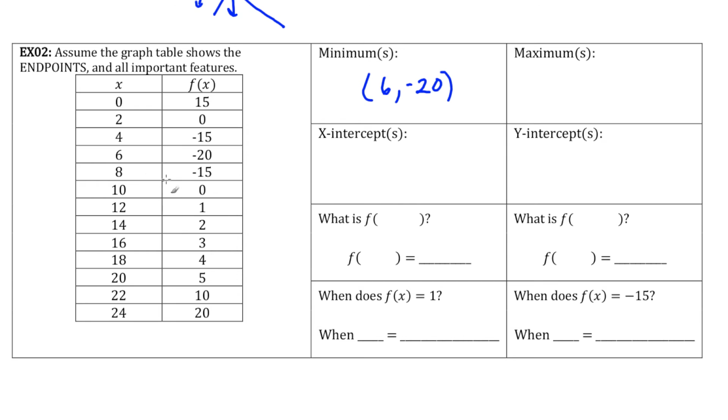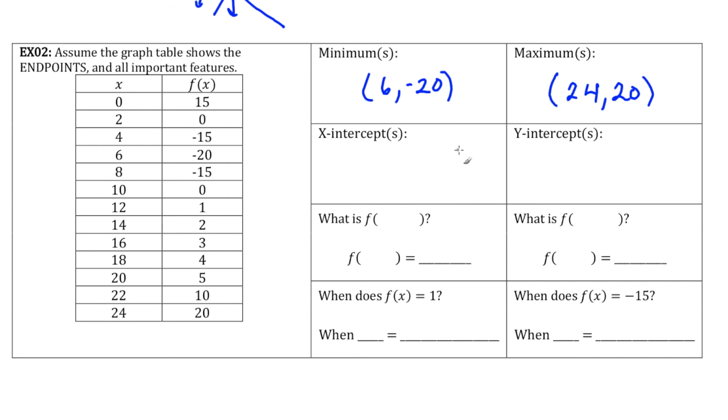Sometimes there's more than one, and then you would put both of those here. In this case, this is the lowest. Maximum is 20, so 24, 20.